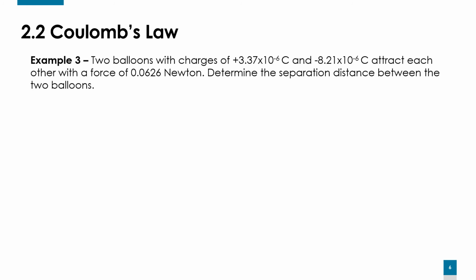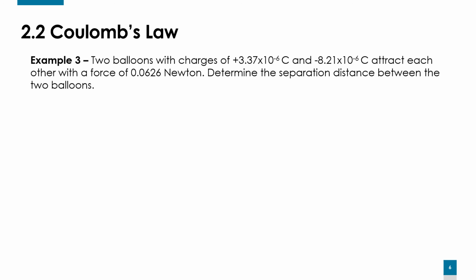Example 3. Two balloons with charges of positive 3.37 times 10 to the power of minus 6 and minus 8.21 times 10 to the power of minus 6 attract each other with a force of 0.0626 Newton. Determine the separation distance between the two balloons.